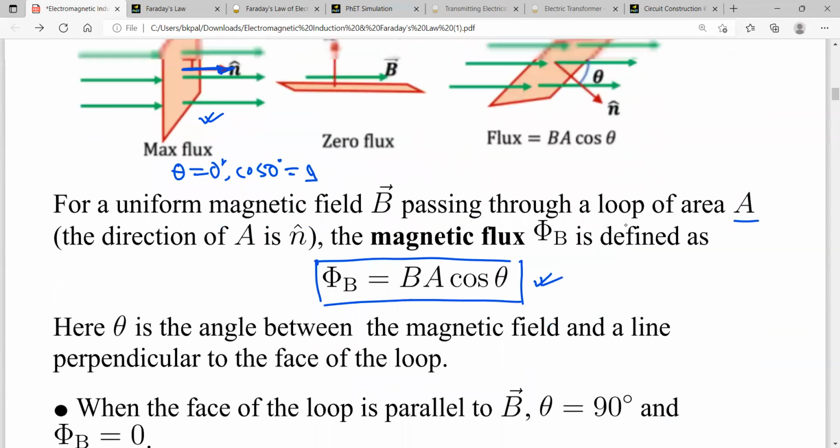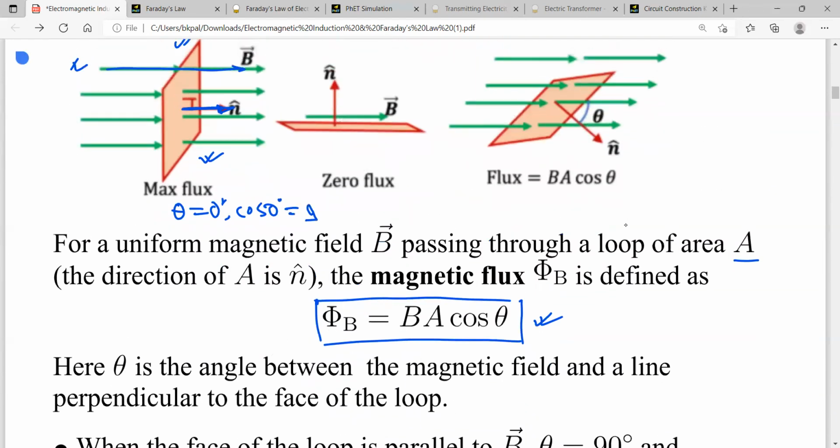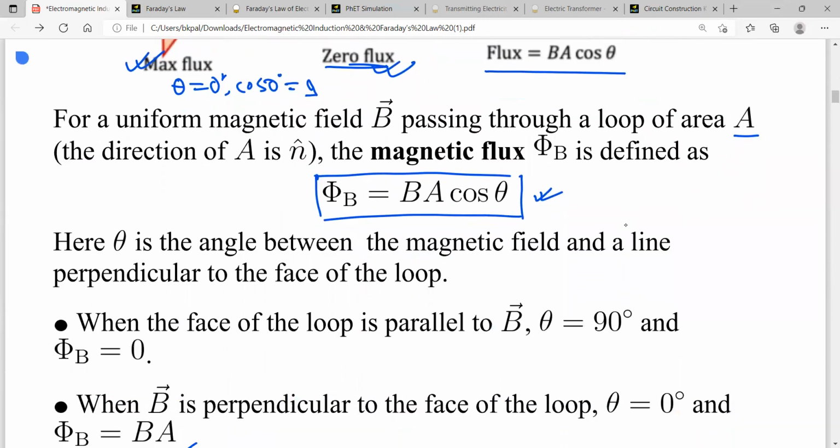In this case area and magnetic field are perpendicular to each other. That means theta is 90 degrees and cosine 90 degrees is 0. So the flux in this case will be 0. So this is the maximum flux, this is the zero flux, and in general it is B A cosine theta, very similar to electric flux.